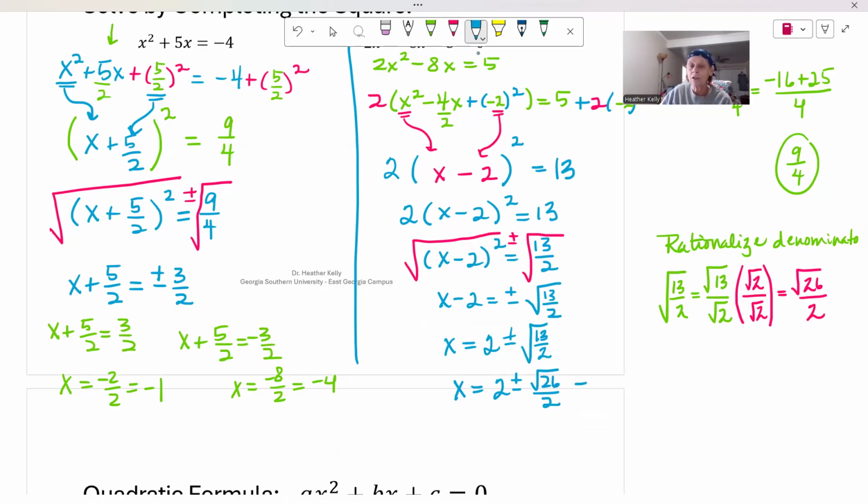That actually gives us 2 answers: 2 plus root 26 over 2, and 2 minus root 26 over 2. I think your homework does allow for this, so you don't have to do them out separately, but I'm not 100% sure.